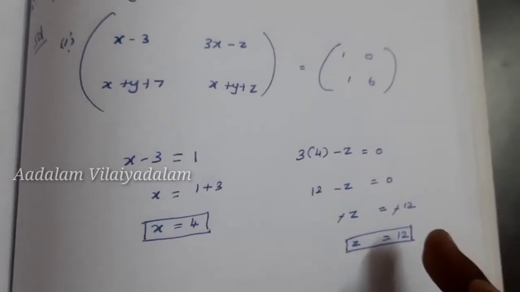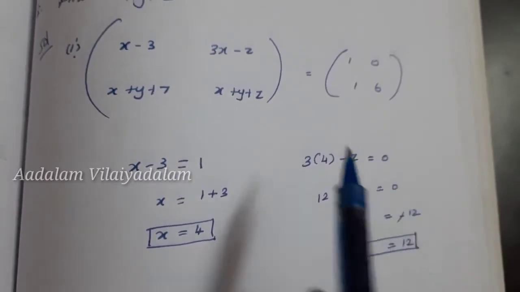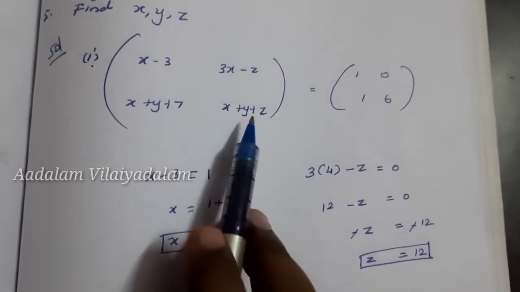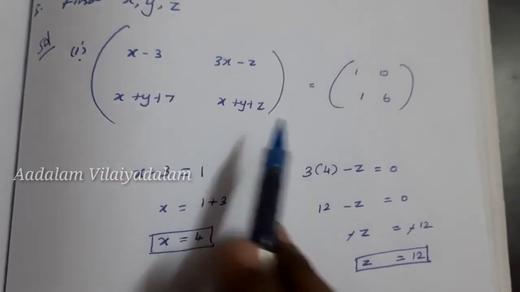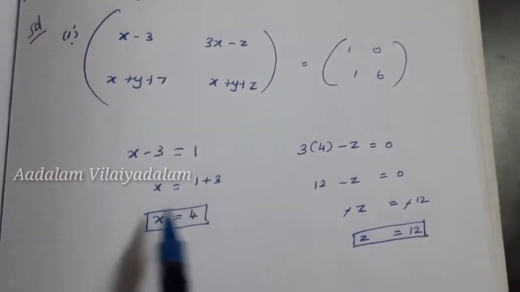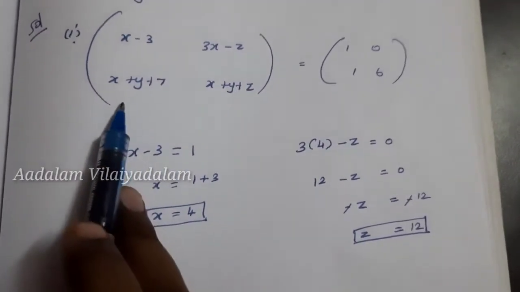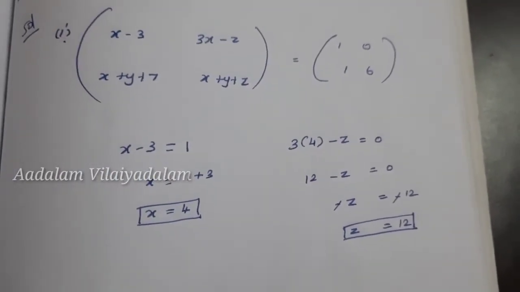Now we can substitute the values of x and z in this equation, x plus y plus z, then it can be a better one. Or we can substitute the x value in this corresponding element and we can find the y value.